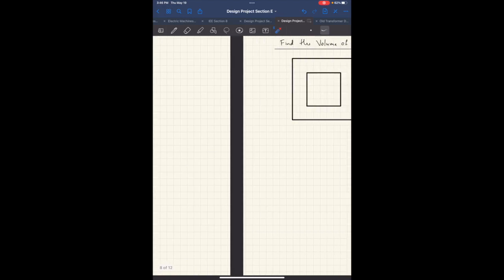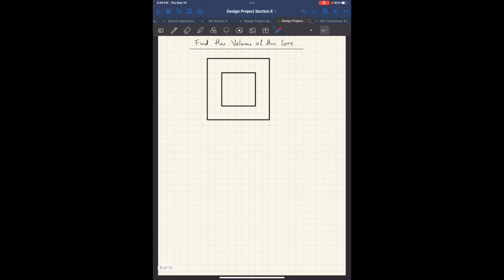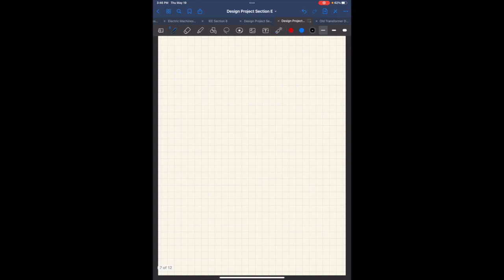Imagine that we slice the core like that. Take a slice, and look at it from the top. In other words, you slice here, look from the top. If you were to do that, you would get something that looks like this. Maybe make it thicker.